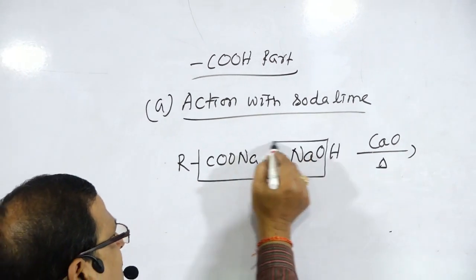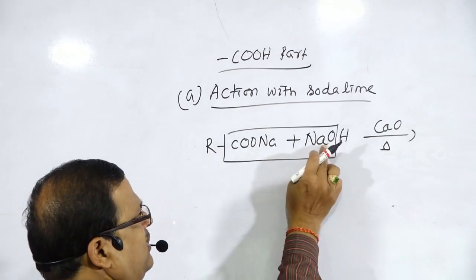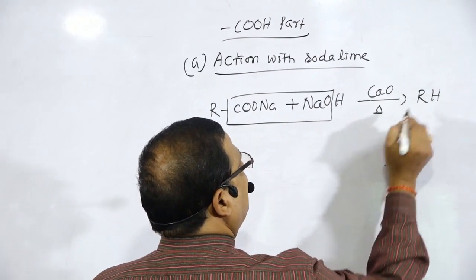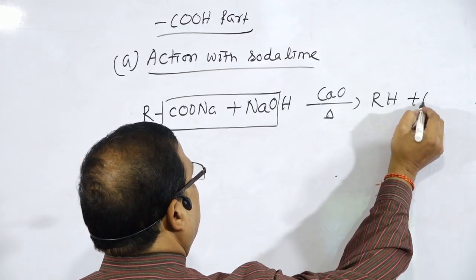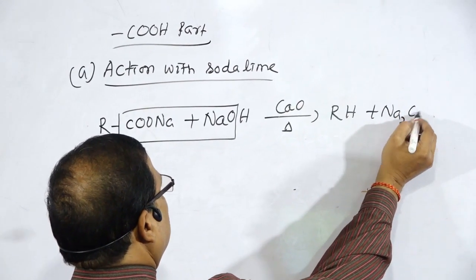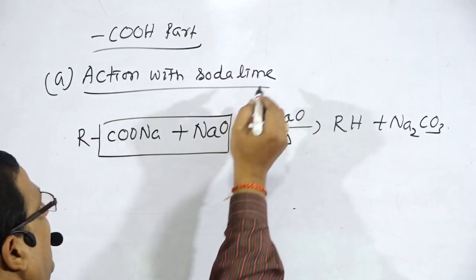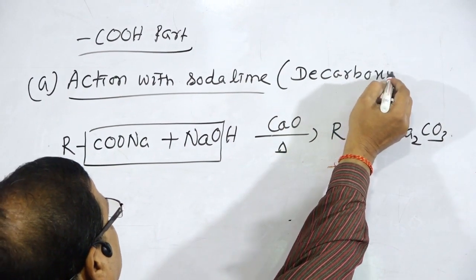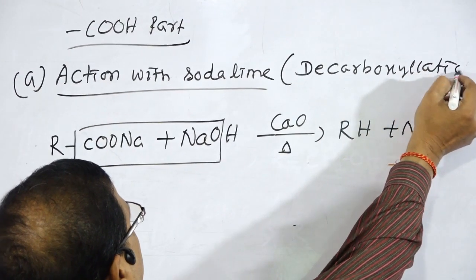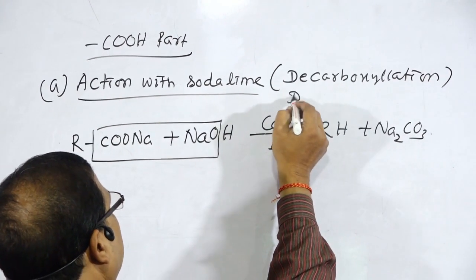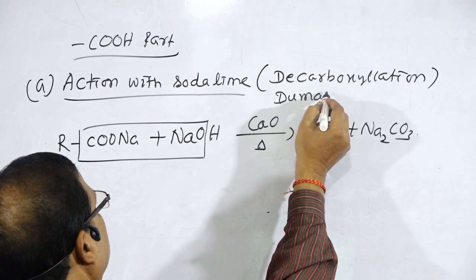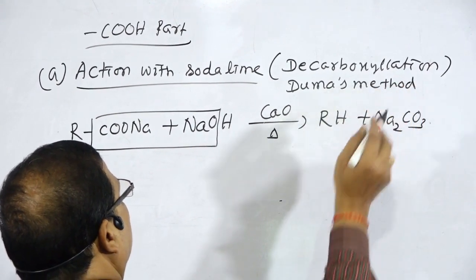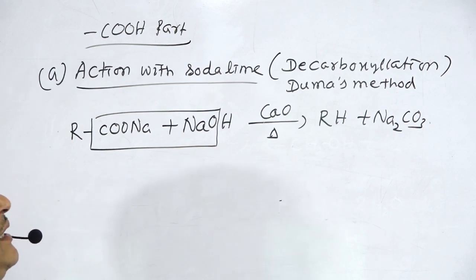There is the formation of RH, the formula for alkane, plus Na2CO3. Action with soda lime is decarboxylation. That is known as the Dumas method for the formation of alkane.